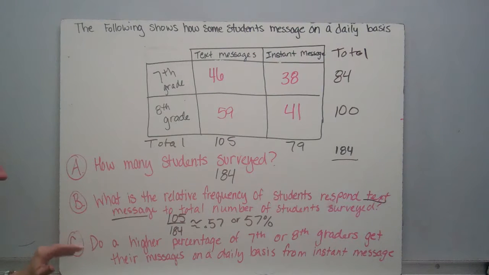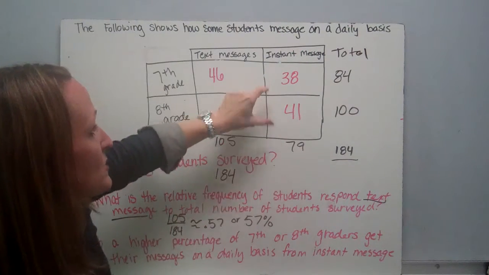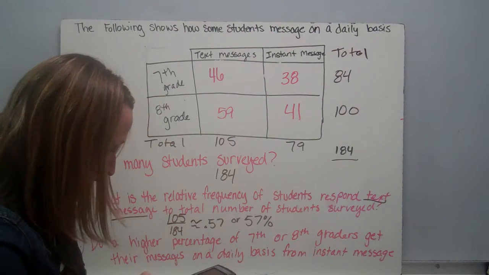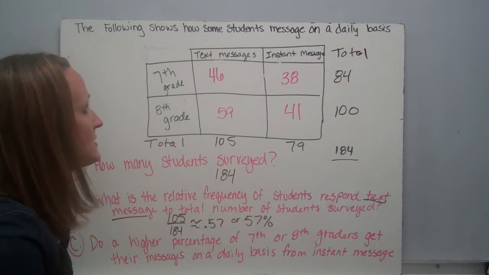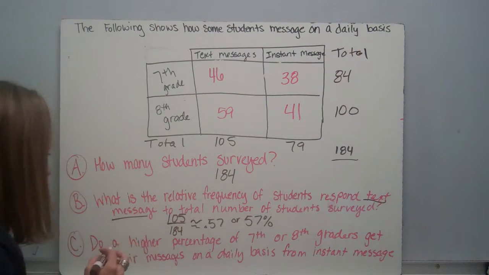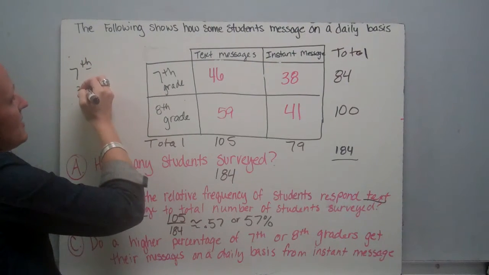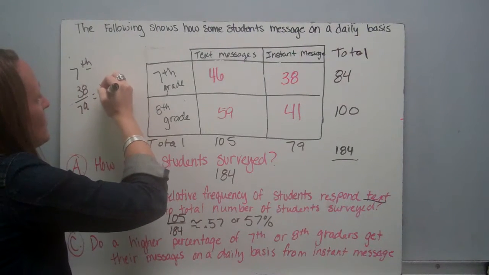All right, C, do a higher percentage of 7th or 8th graders get their messages on a daily basis from instant message? So now we want to look here at instant message and see which percentage is higher. For 7th grade, we had 38 over 79, which is 48%.